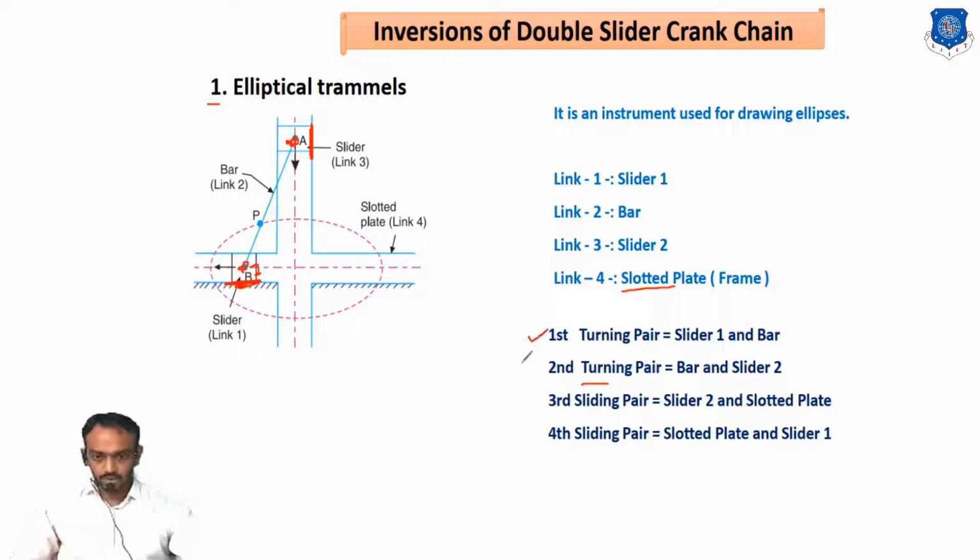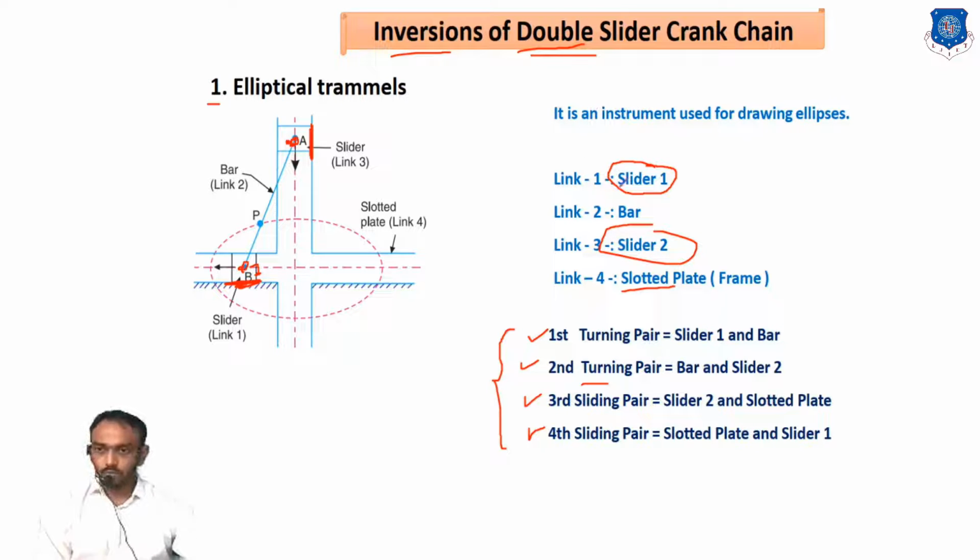So that's how four pairs are there. Remember, these two turning and two sliding pairs will be in all inversions of the double slider crank mechanism, because here two sliders are there, slider 1 and slider 2. That's why this is considered a double slider inversion.